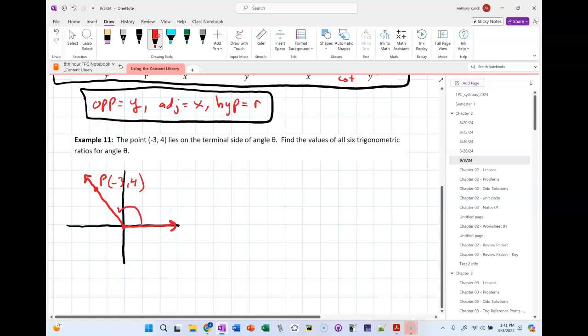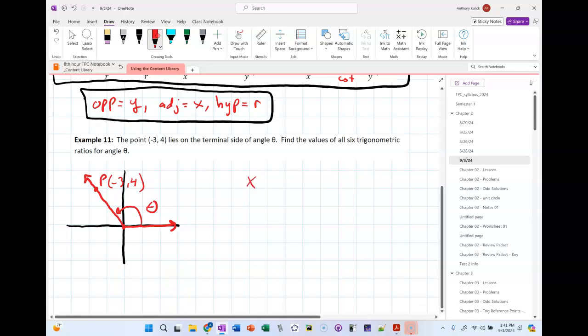So let's just make sure when we read this, we see the same picture. Is everybody okay with how I've drawn that? Just drew a standard position angle. Terminal side has to go through the point (-3, 4). So I just plotted (-3, 4), drew my line through it, and there's the terminal side of my angle. Everybody's happy?